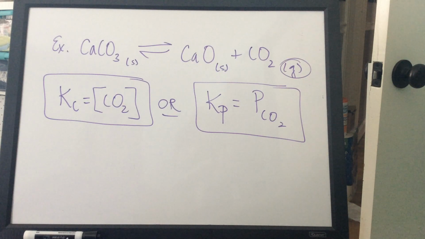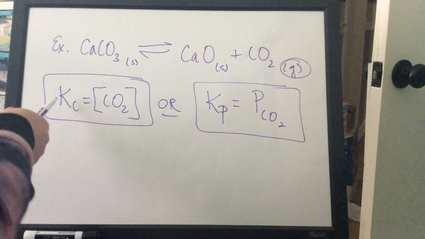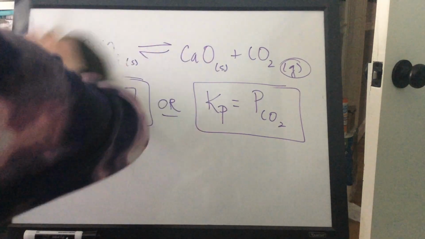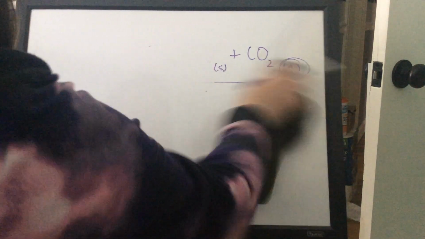It's either equal to the partial pressure of the CO2 if it's Kp, or if it's your Kc, it's the concentration of your CO2. So sometimes these expressions look very different if they're heterogeneous than if they're homogeneous, like we're used to working with. At the bottom of your paper, there are two practice questions, and then that's it for this idea of heterogeneous equilibrium. So if you want to write those expressions, I'll put them up, and then that's it.